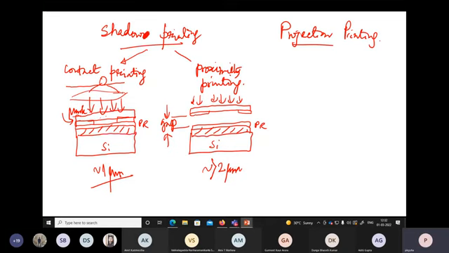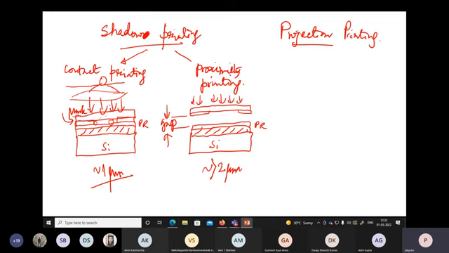In contact printing, as the mask is on top of the substrate, they are physically touching each other. It might happen that the mask will be contaminated. Some dirt from the photoresist surface might come in contact with the mask.